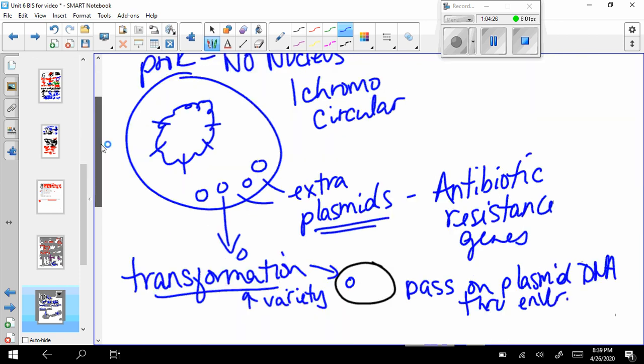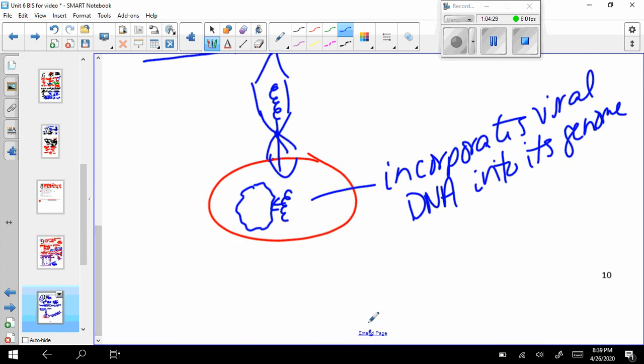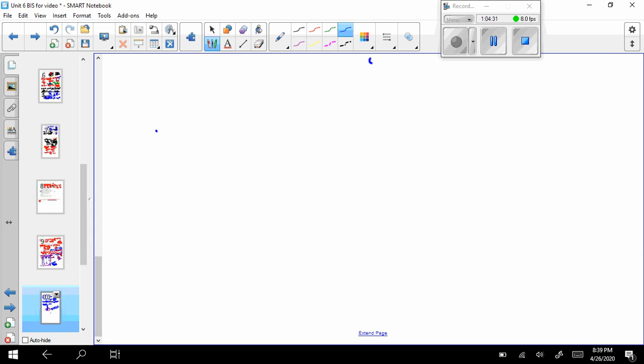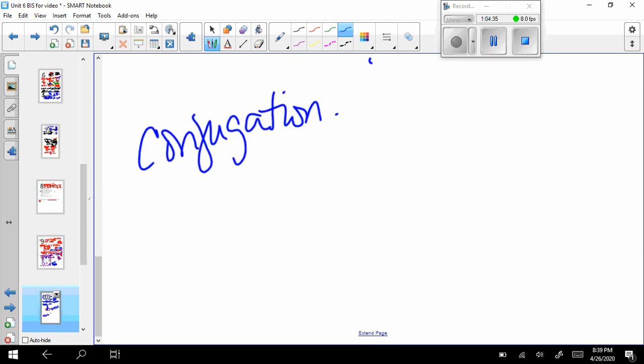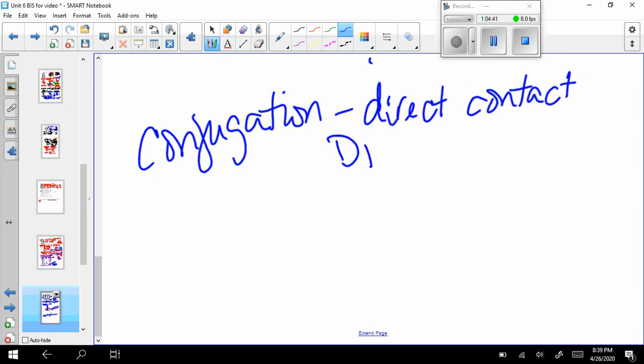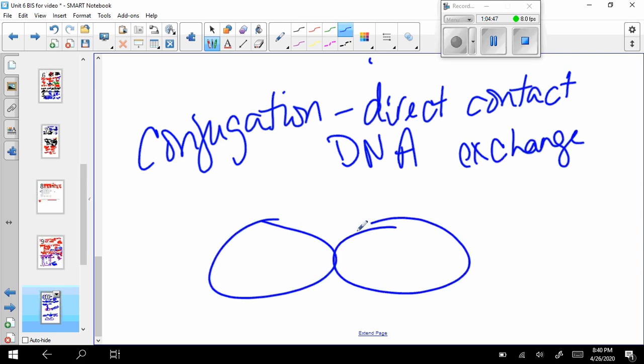Okay, conjugation. Conjugation is direct contact DNA exchange. So here's one bacteria, here's another bacteria.